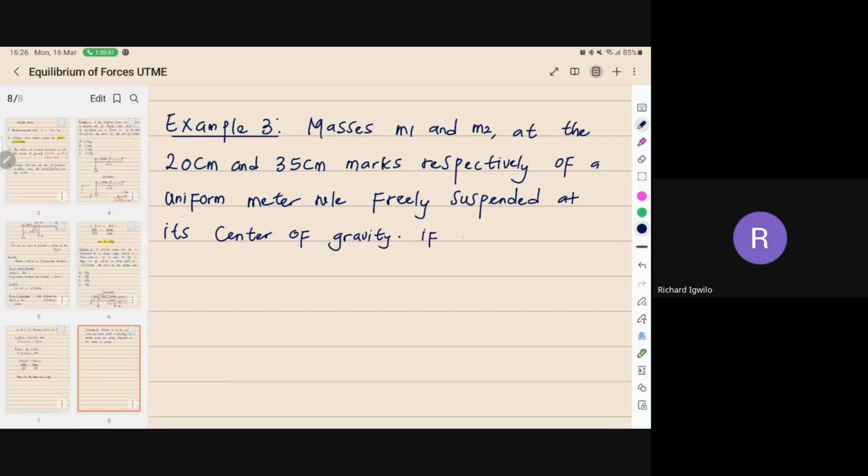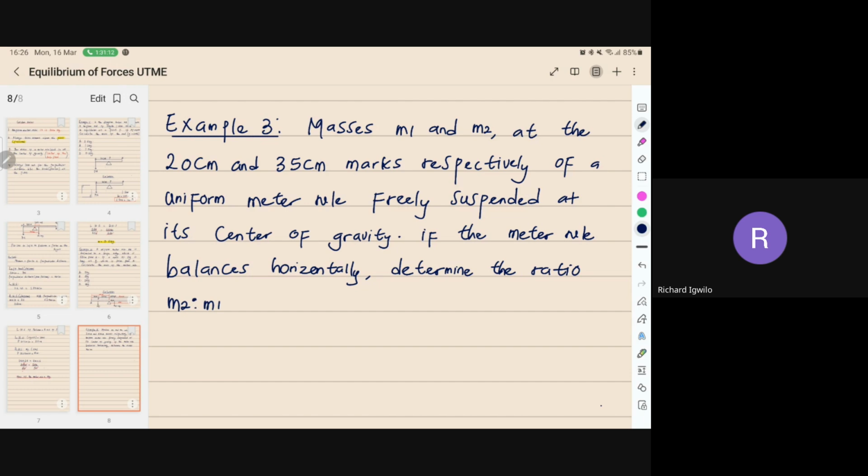If the meter rule balances horizontally, determine the ratio M2 to M1. All right. Does it make sense now? Determine the ratio M2 to M1.